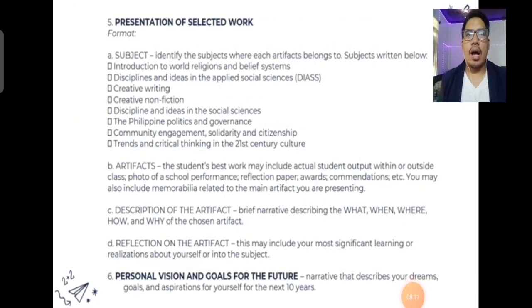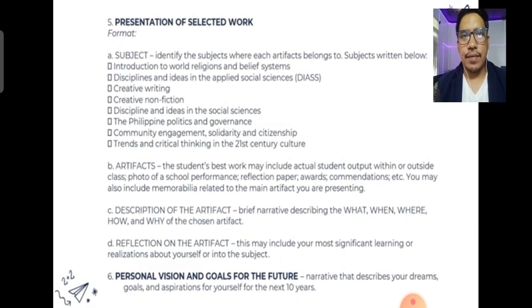So now, we're going to proceed with number 5, which is the presentation of selected format. Okay, so sa subject na kailangan ninyong mag-present ng mga evidences and artifacts, ito yung mga subject na yun. We have, I think it's 8. Number 1 is Introduction to the World Religion and Belief System. Number 2, Discipline and Ideas in the Applied Social Sciences. Number 3, Creative Writing.